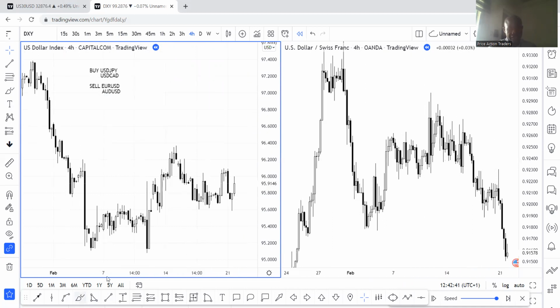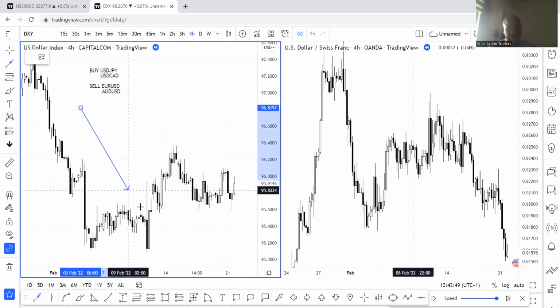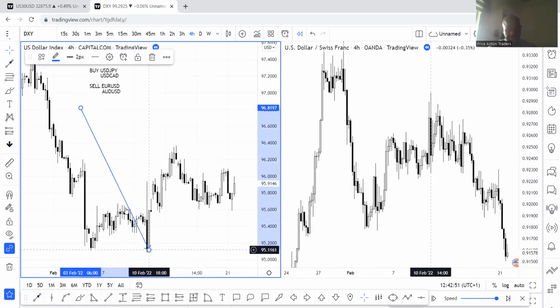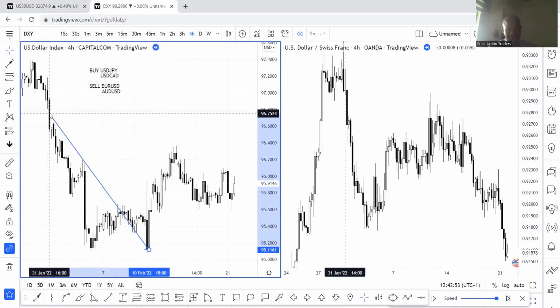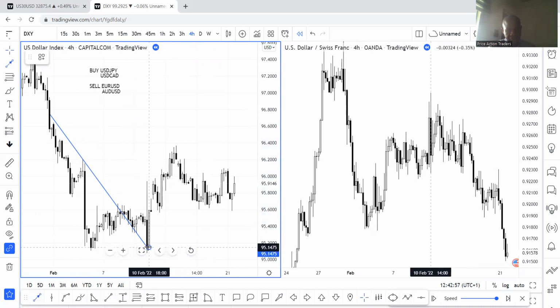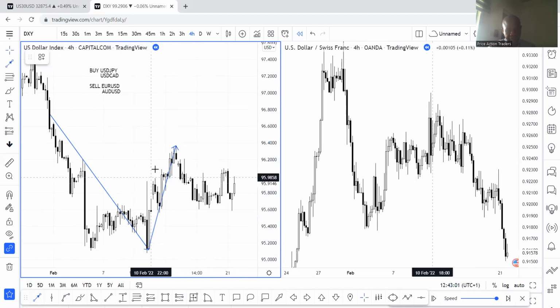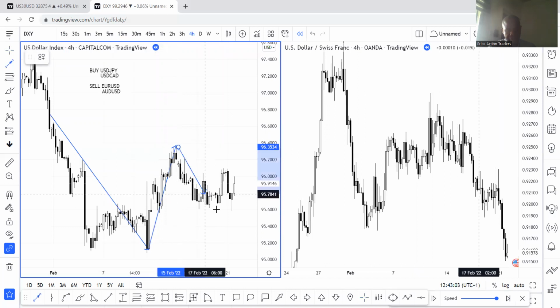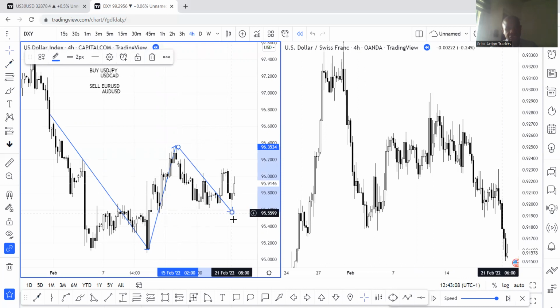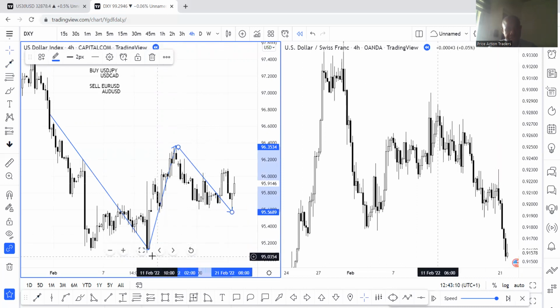So here we are having US dollar index trying to come down to this level, to this lower low, then a short rally upward, lower high, then another low, a recent low which is not as low as the previous one.